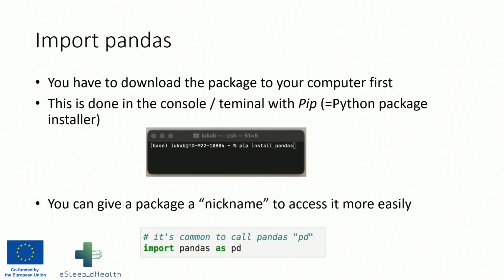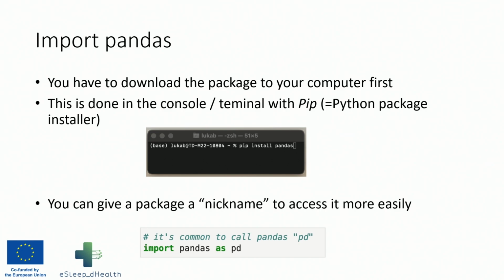First, some info on how to import pandas. I know many of you maybe are not very comfortable with coding yet, and this little box of terminal window might look a bit frightening to you. If you have a Mac or a Windows, it doesn't matter, it works in both.